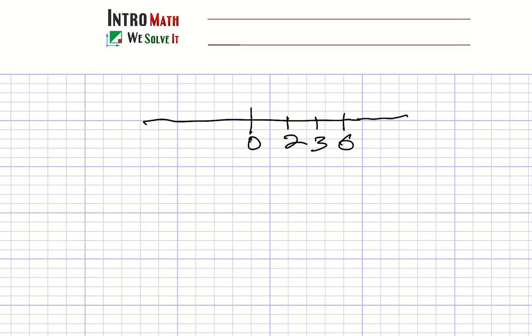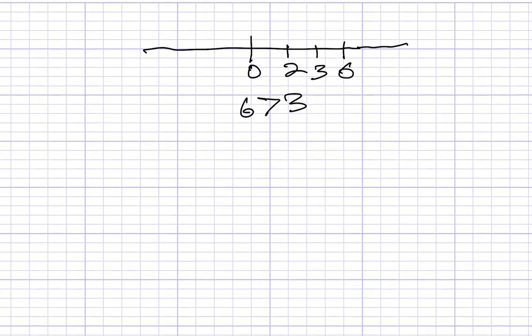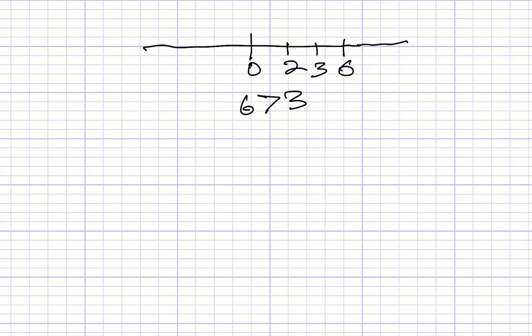They say if 6 is on the right of 3, then 6 is greater than 3. It's written like that with that symbol there. And then notice that 2 is on the left of 6. Also, they say that 2 is less than 6.